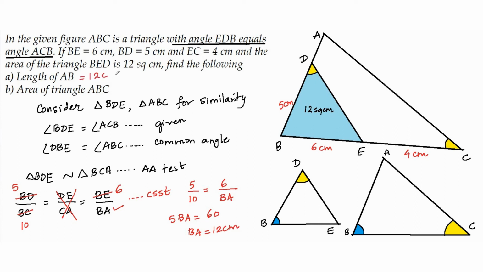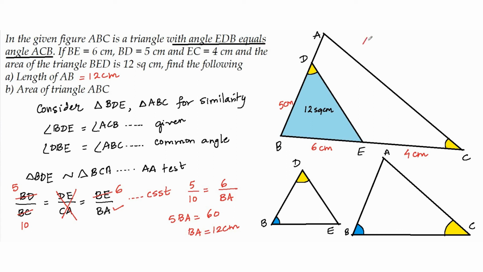I can mark that. And now I have to find the area of the triangle ABC. So now, because the two triangles are similar and the triangle of BDE is known, I can use the concept of ratio of areas of similar triangles.